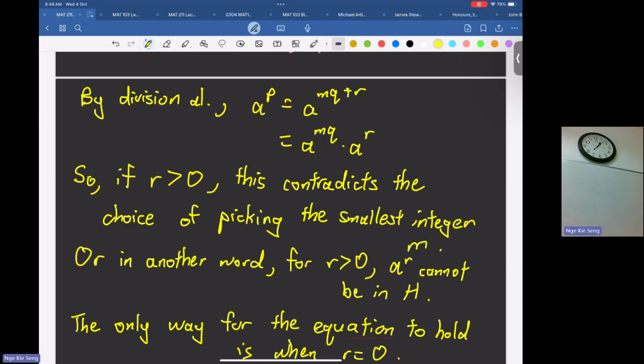This is how you build the natural numbers, right? Peano axiom. You start with 1. What's 2? The successor of 1, meaning 1 plus 1. What is 3? The successor of 2, 2 plus 1.